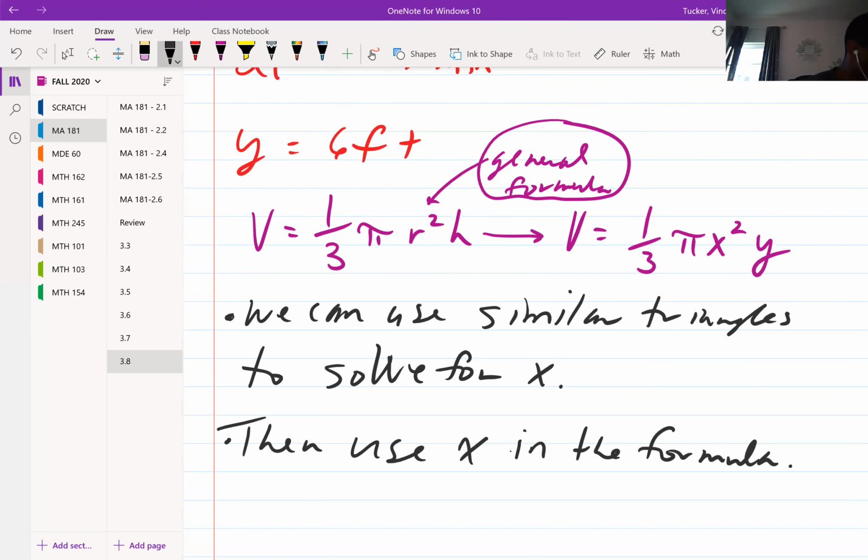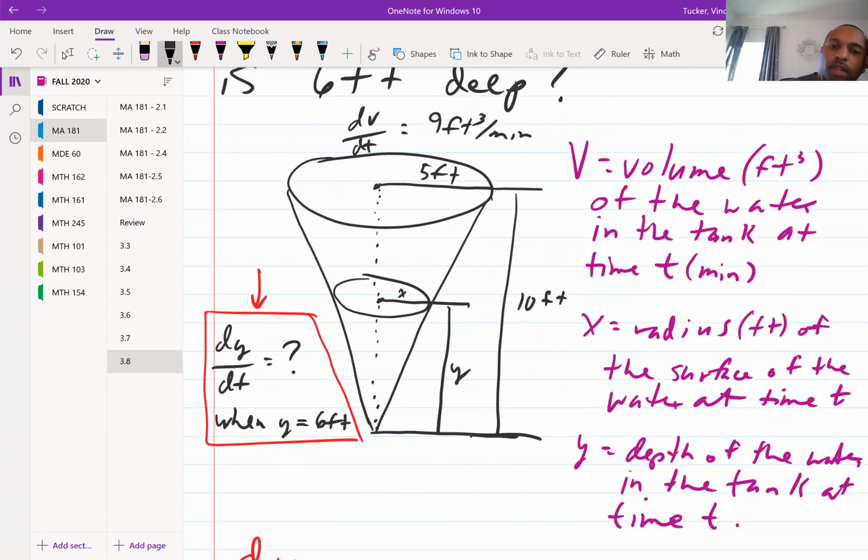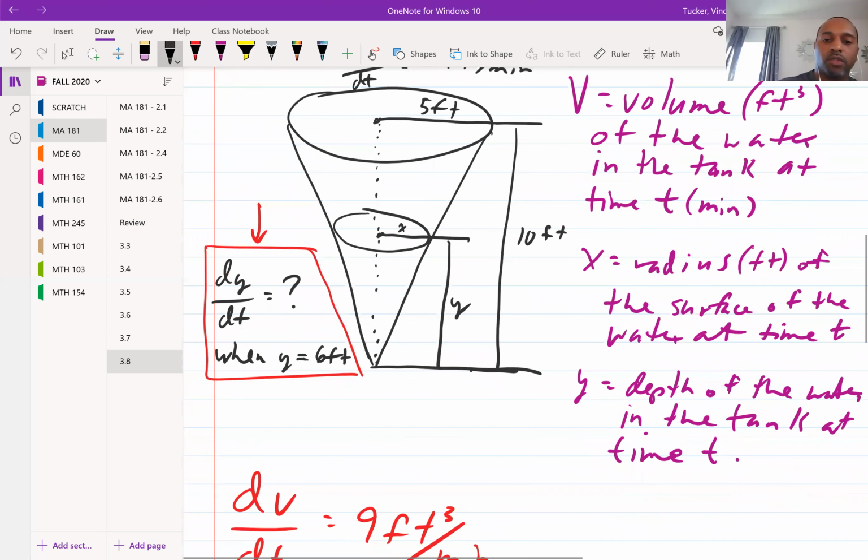All right, so let's see. If I look at the similar triangles, let's go back to our diagram. We have x and y, and then we have a smaller cone, and then we have a larger cone. So x over y is the same ratio as 5 over 10. So we can use that.